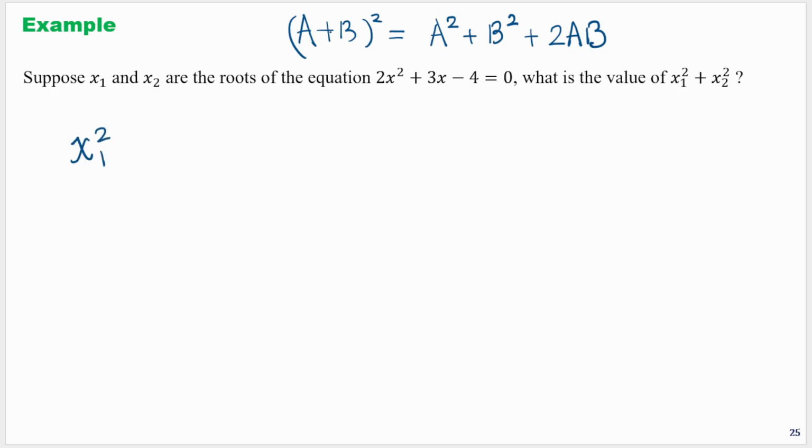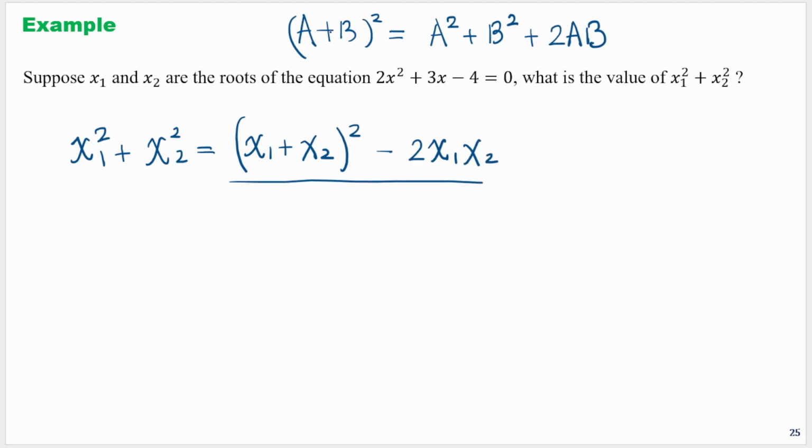So in this way, you can write. I get it. So x plus 2 squared. Yeah, and then how about compensating by adding a negative 2x1x2? Then this will be exactly the same as the left side, right?